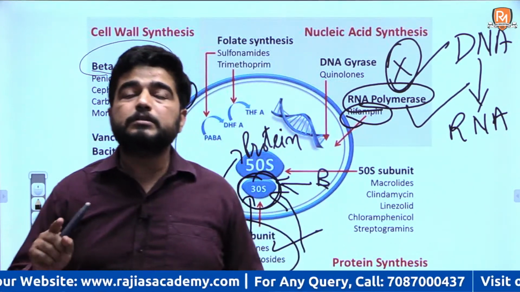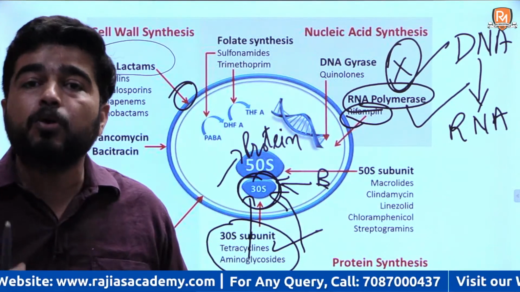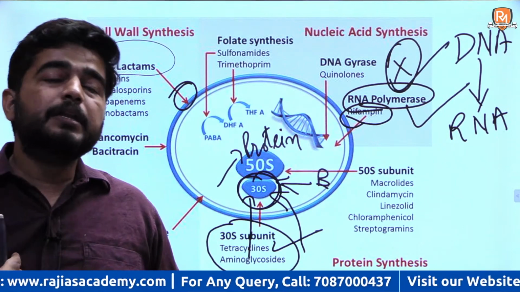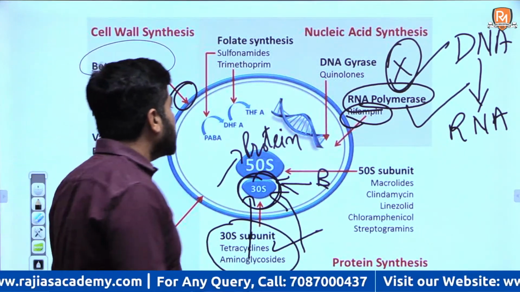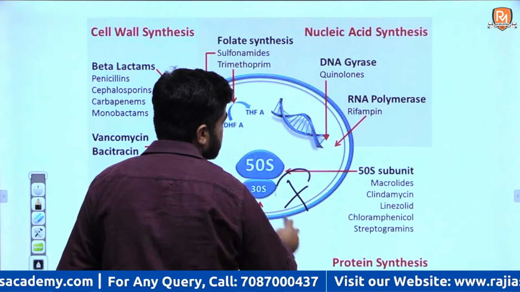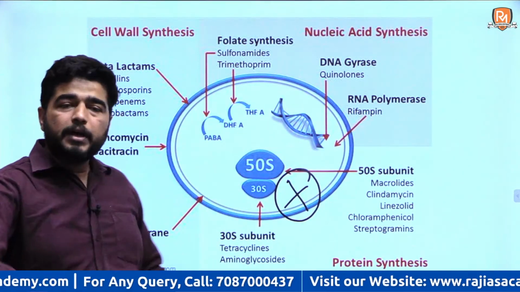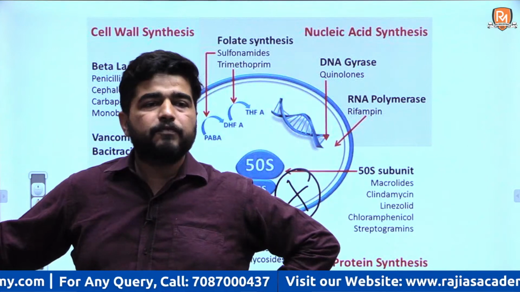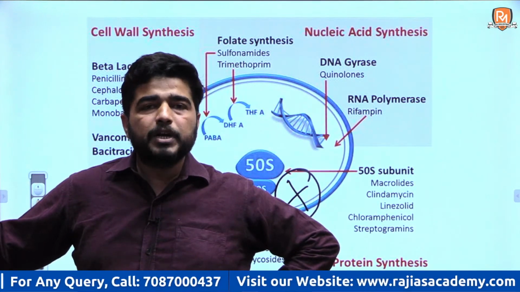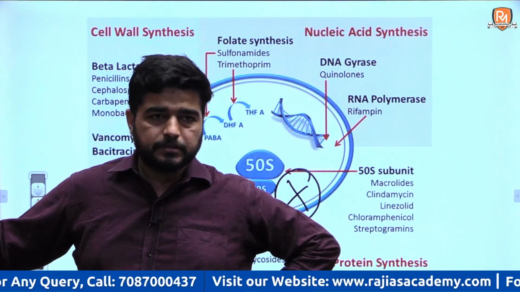So the protein synthesis of bacteria will be affected, not ours. Getting my point? And this will lead to the death of the organism, bacteria, fungi, anything. This is the way antimicrobial drugs or antibiotics function.